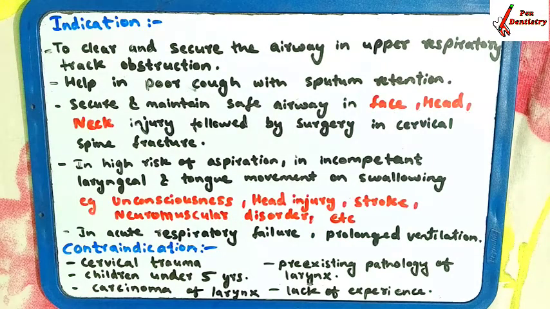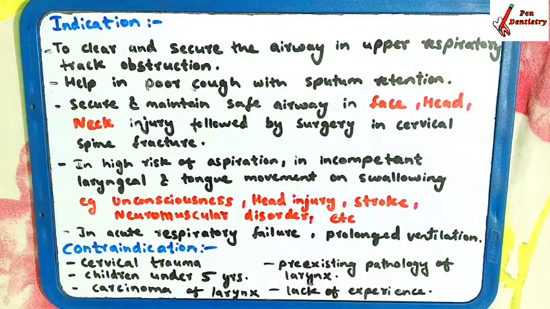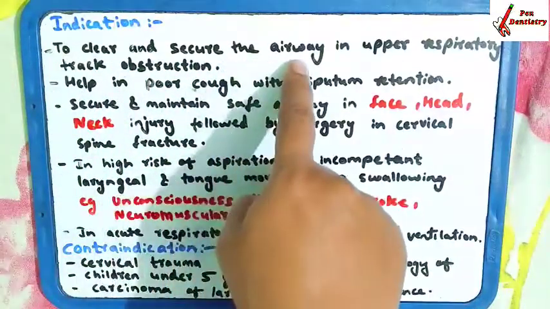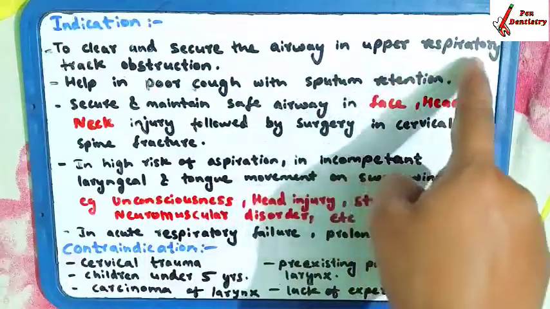Applications of tracheostomy, that is where you are going to use it. Tracheostomy is used to clear and secure the airway during respiration. In upper respiratory tract obstruction, we use it.